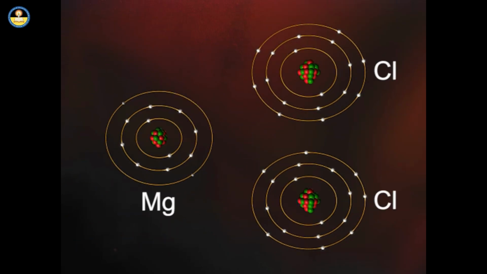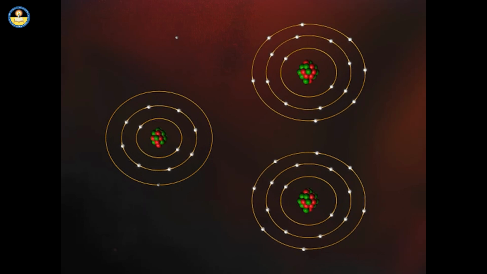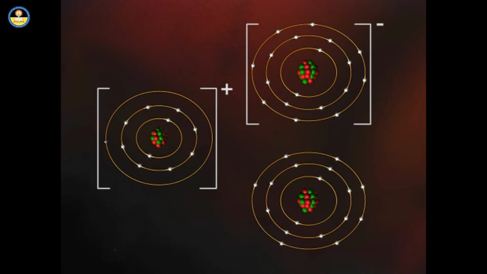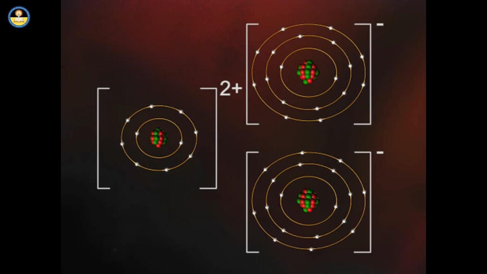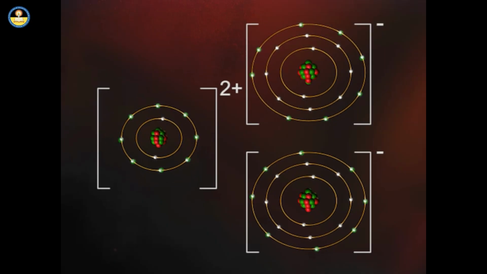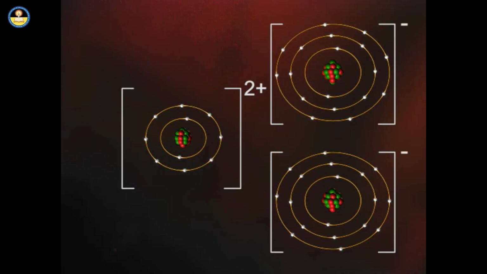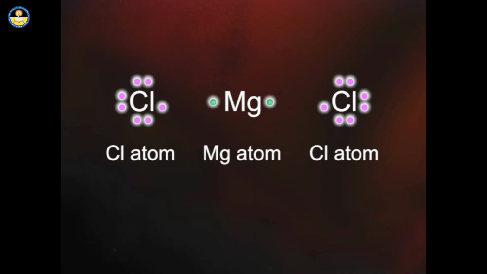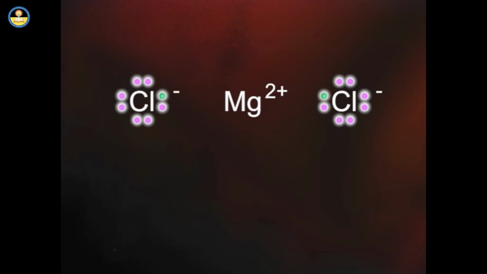Electronic configuration of all the 3 ions: the magnesium 2+ ion and 2 chloride ions have 8 electrons in their outermost shells. This can be represented by Lewis formula as shown in the animation on screen.